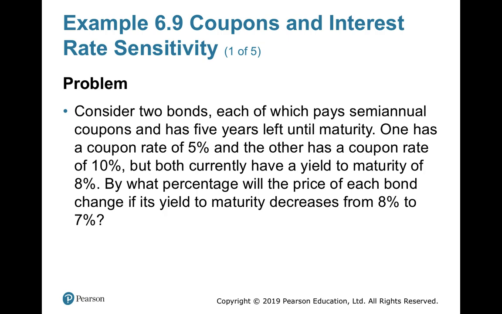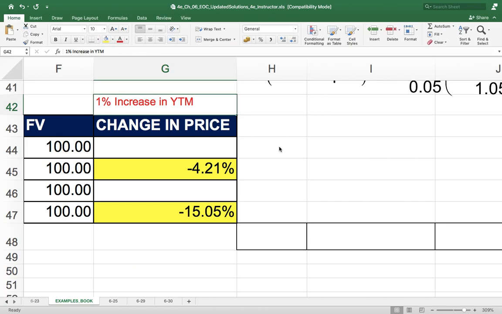One has a coupon rate of 5% and the other has a coupon rate of 10%. Both currently have a yield to maturity of 8%. By what percentage will the price of each bond change if its YTM decreases from 8% to 7%? So that's the question here.